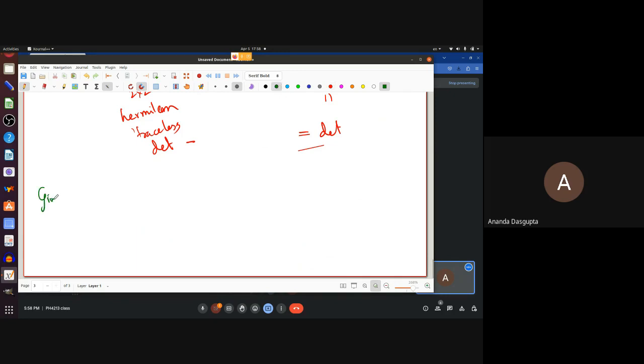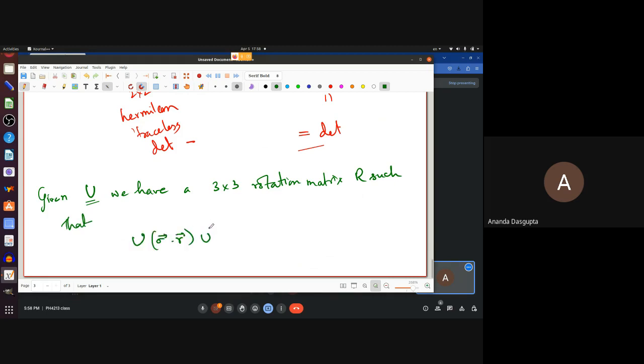Given a U, U dagger, remember, is the same as inverse, is sigma dotted with R acting on R. And this defines your R for you.